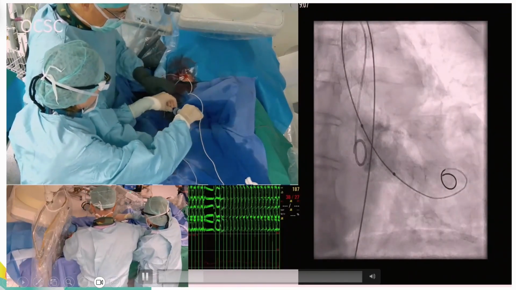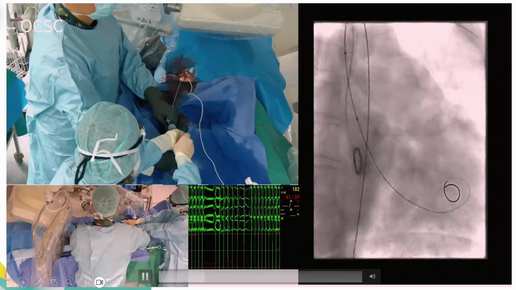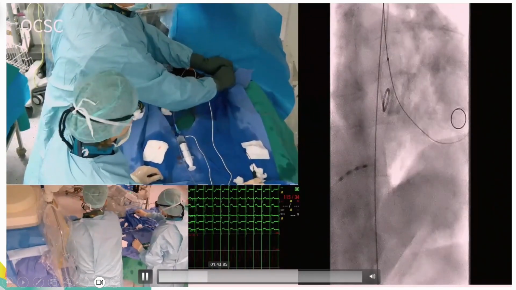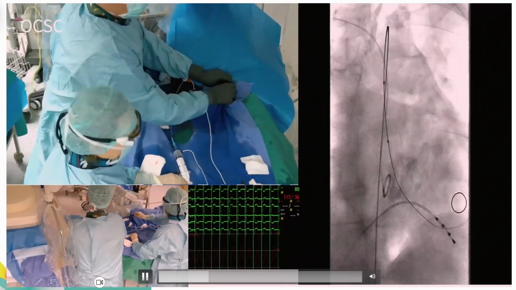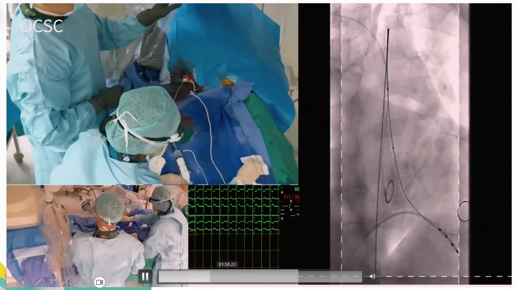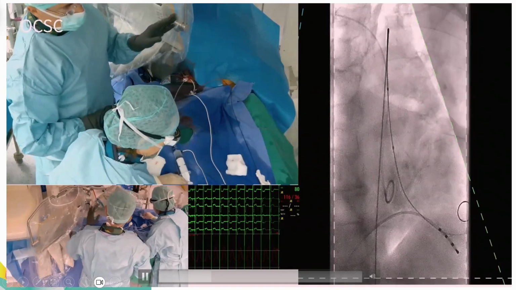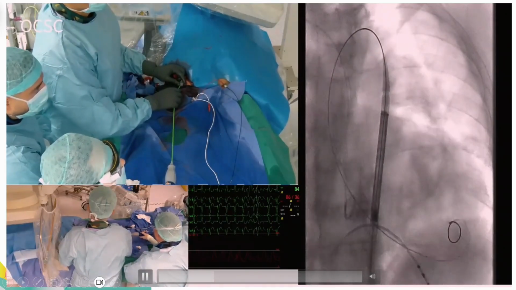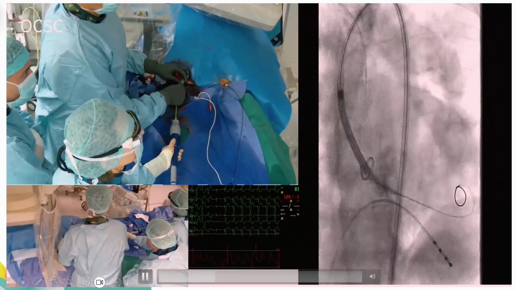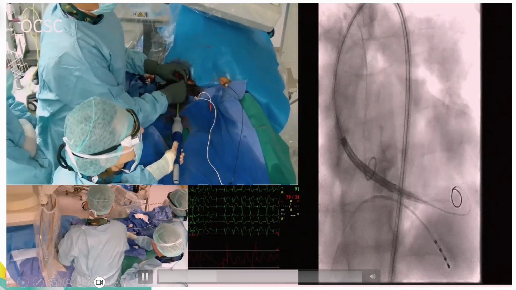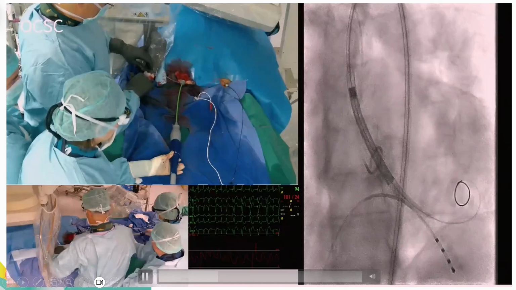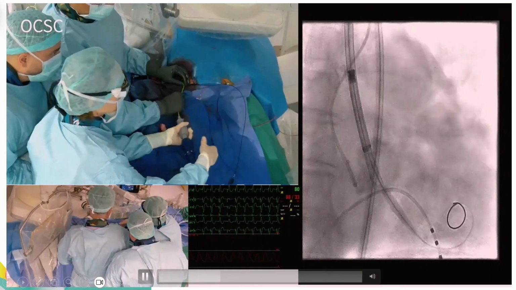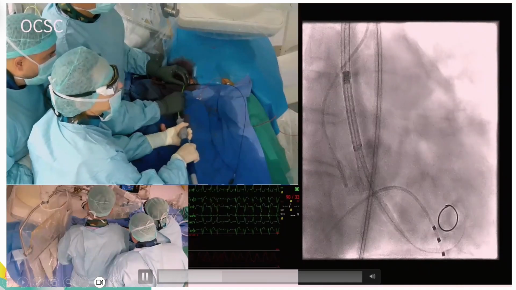The balloon, 20. 20 balloon, yeah. Here we advance the valve. It's a difficult implantation due to the extensive calcifications at the annulus. And here we perform the first attempt to open the valve.